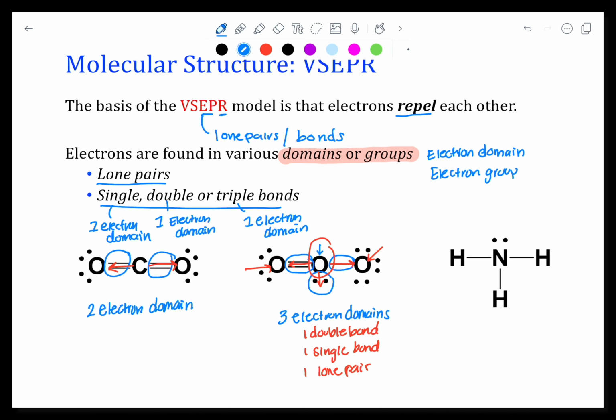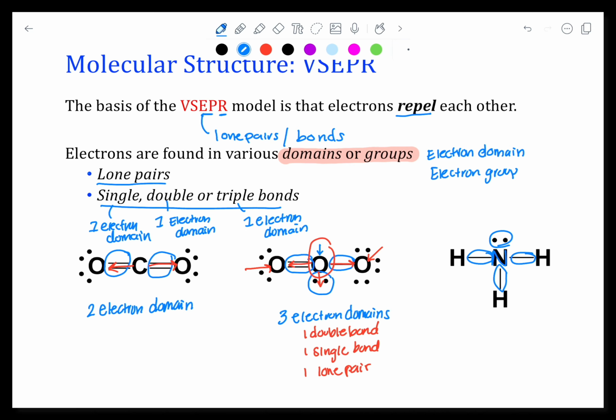Our final example here is NH3. So we're looking at the number of domains off of the nitrogen. We have 3 bonds coming off of the nitrogen, as well as a lone pair.